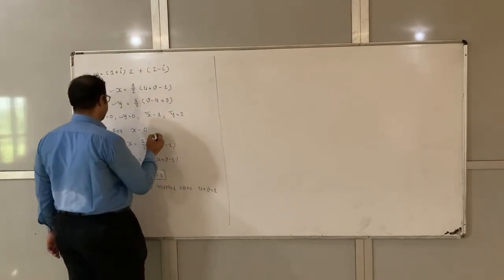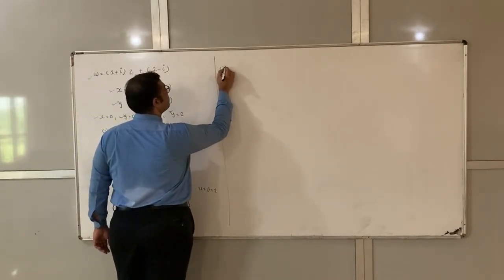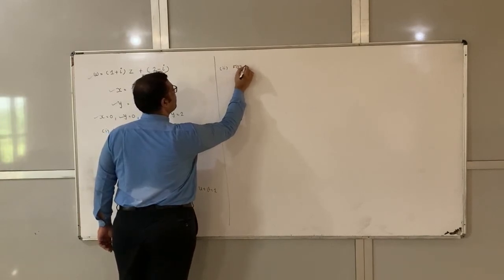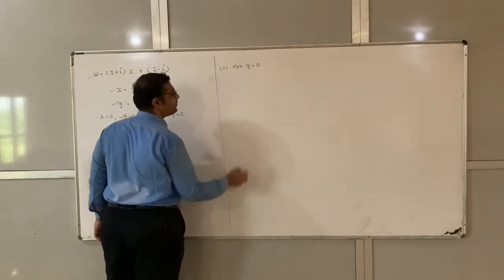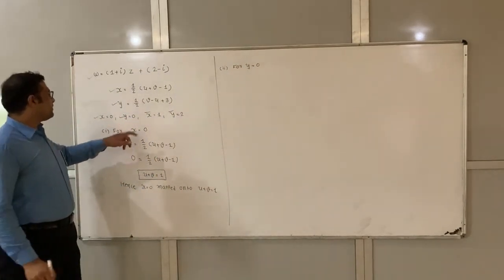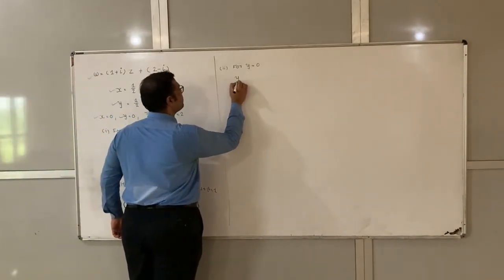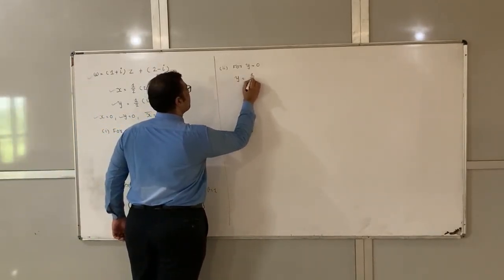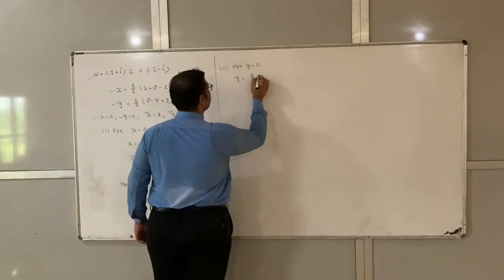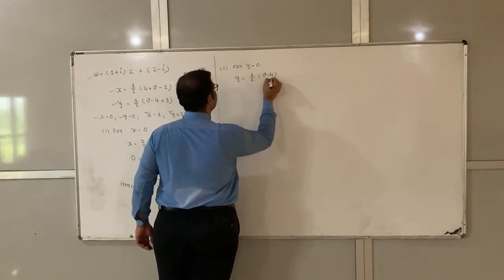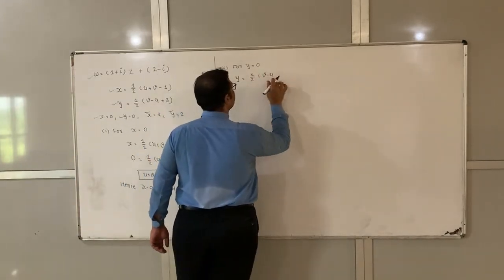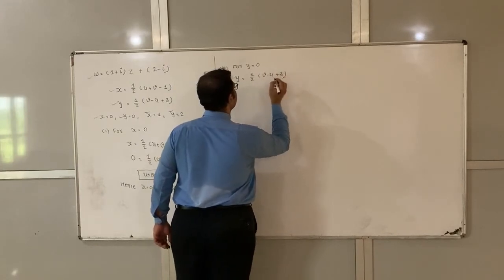Now let us take the second line, y is equal to 0. Now y is equal to 1 upon 2 times v minus u plus 3.